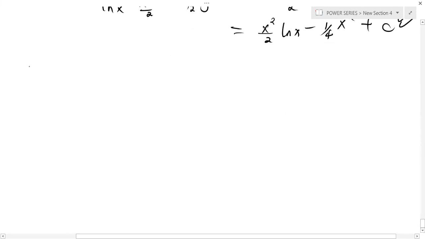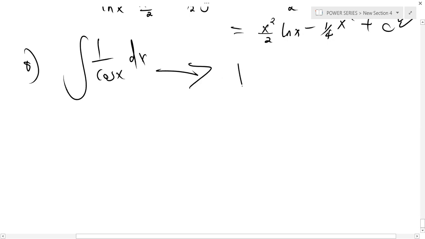The next one is question number 8. Integral of 1 over cos x dx. Now, this is directly from your books, guys. We use t is equal to tan theta over 2 substitution.